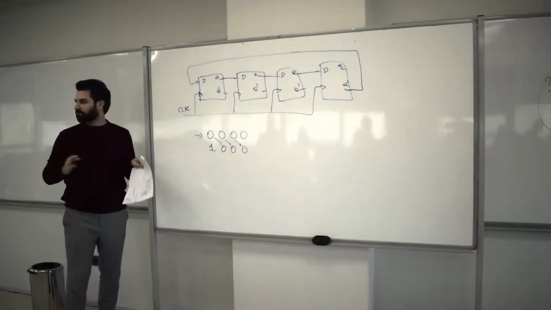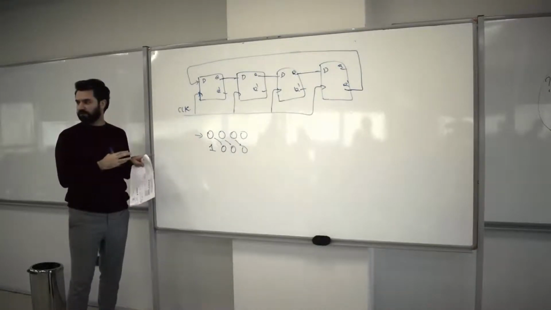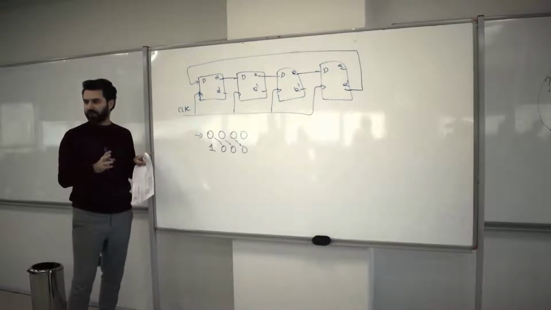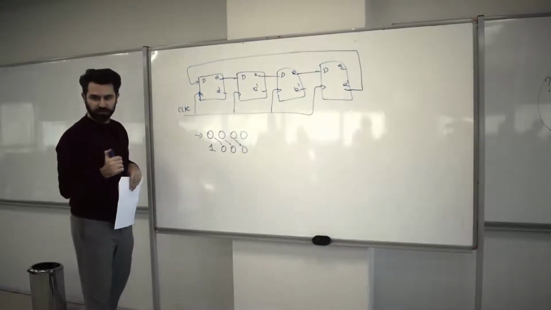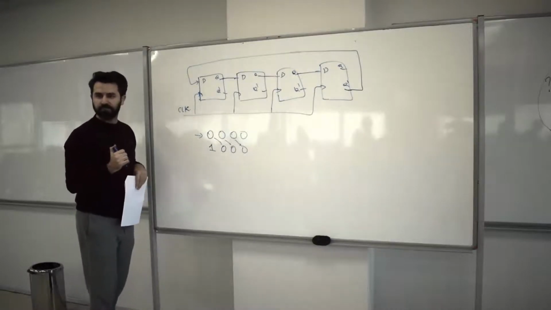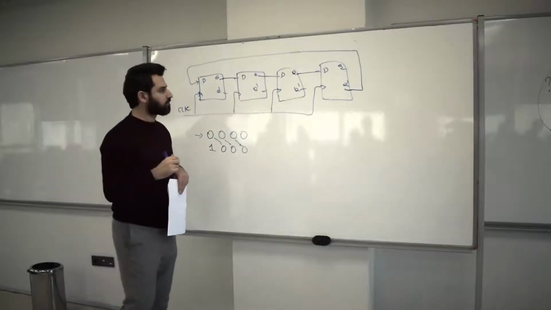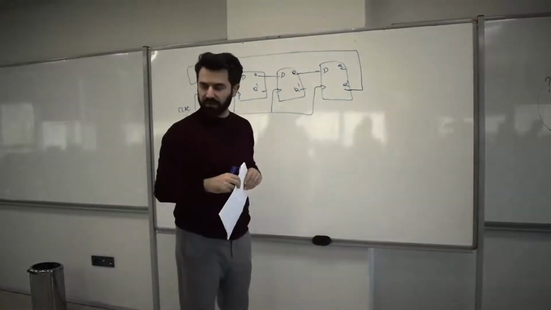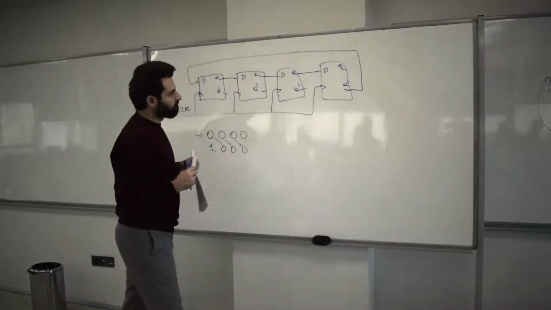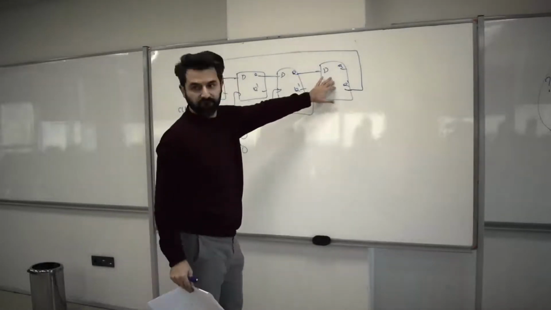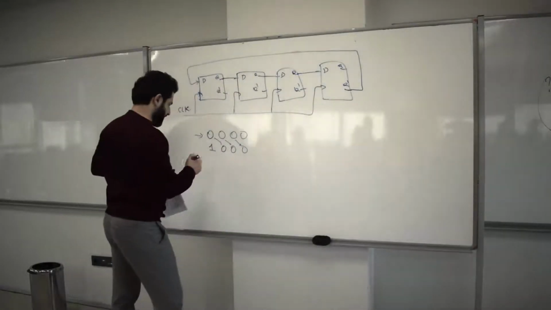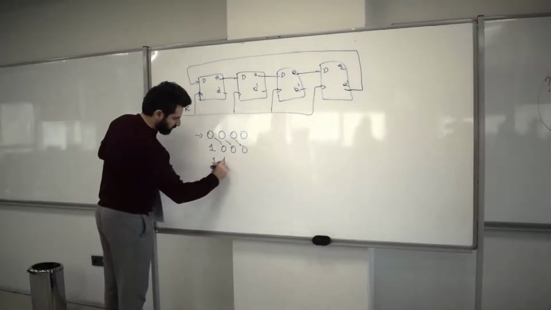Everybody in sync with me? You guys have been able to follow? You got a question? Won't it spam 1 until it reaches the end of the flip-flops? In the next cycle, I presume it's going to be 1, 1, 0, 0. Oh, yes, you're thinking about the next clock cycle.